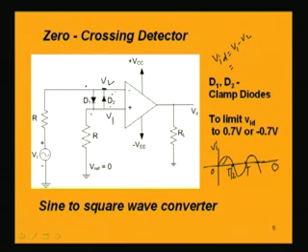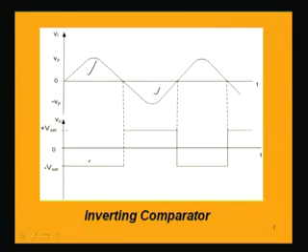That means we will get 0.7 volt positive, and VID is 0.7 volt positive for this portion. So, the output voltage will be positive, but it will be saturated. So, we will get output voltage V0 at positive Vsat, around 14 volt. So, for this portion when the input voltage is negative, we get a saturation voltage in the positive direction.